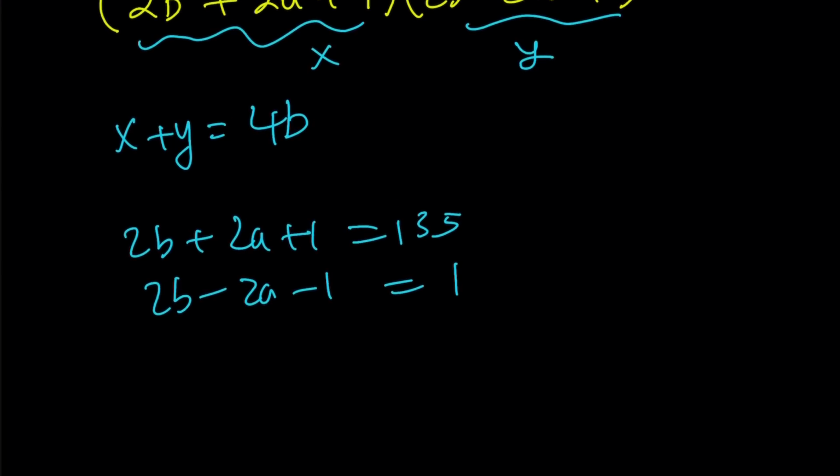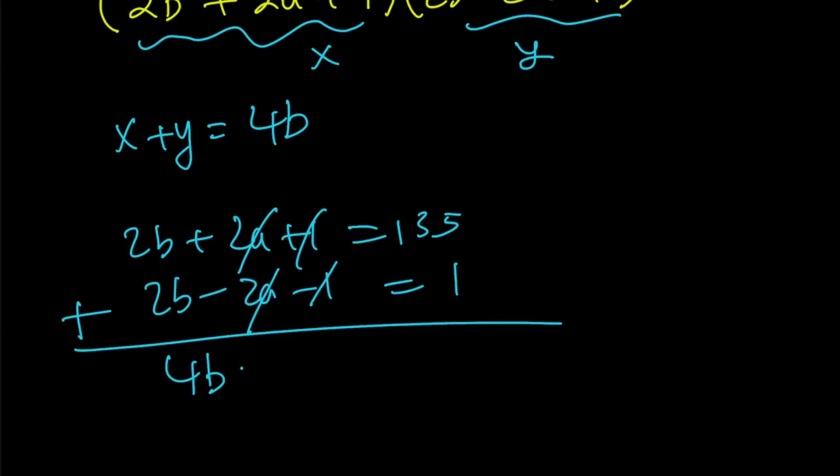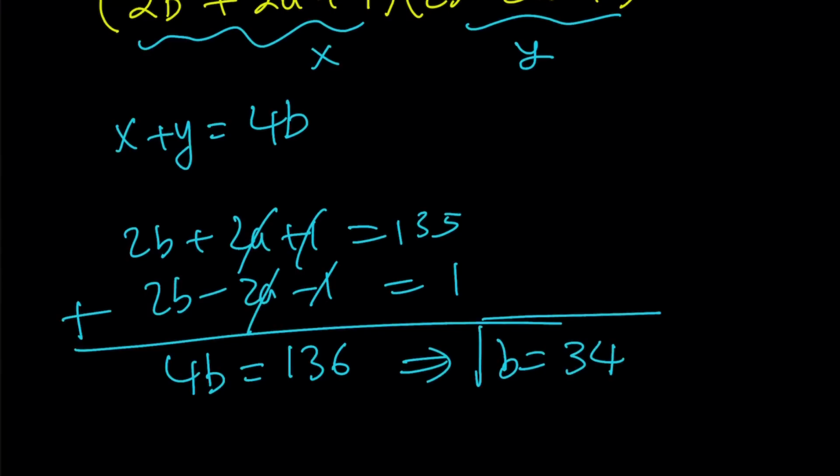Let's go ahead and find b and a from here. I'm not going to go through all these systems because there's going to be quite a few, but I'm just going to give you the solutions after I introduce this one. So if you go ahead and add these up, you are going to get the b right away because 4b equals 136, and from here b is going to be 34. To find the value of a, you just have to substitute into one of these equations, or you can subtract these two equations.